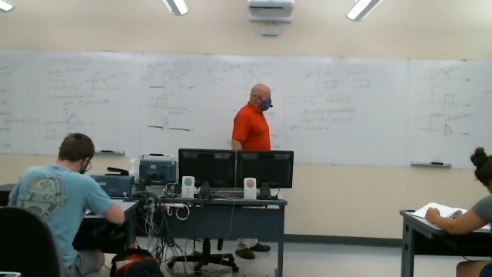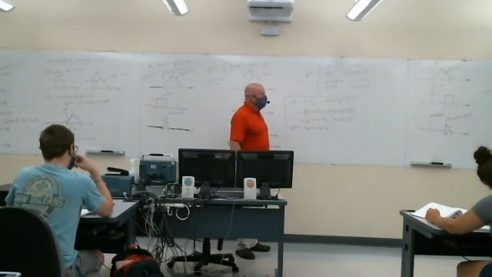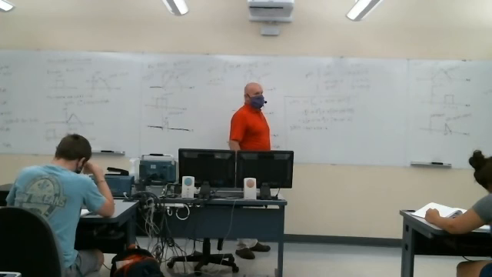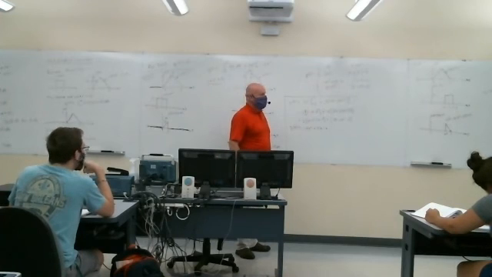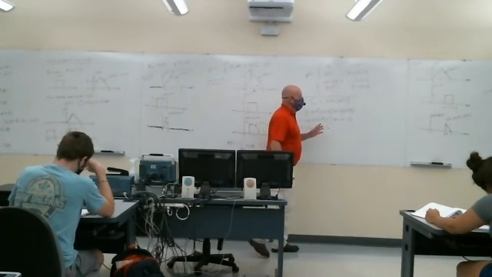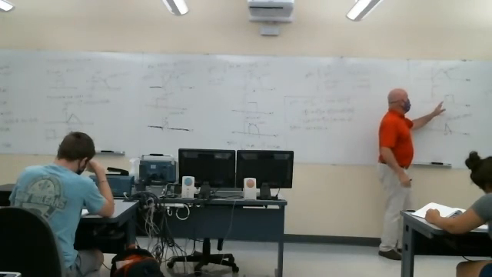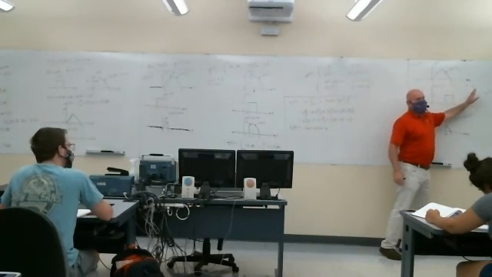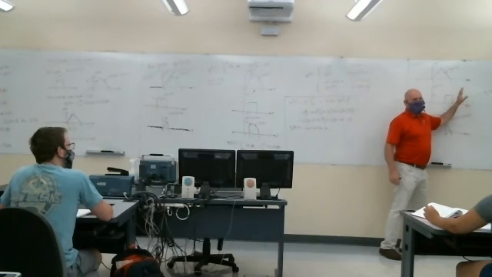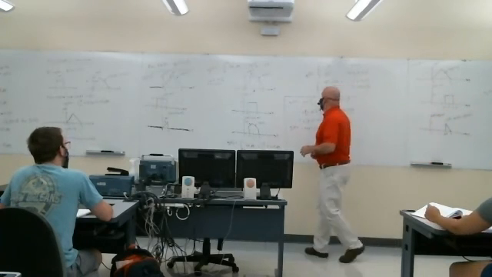For t greater than 3, what's the product? Yeah, for t greater than 3, this thing is now shifted beyond. My pulse is sliding across. For t greater than 3, the product is 0.